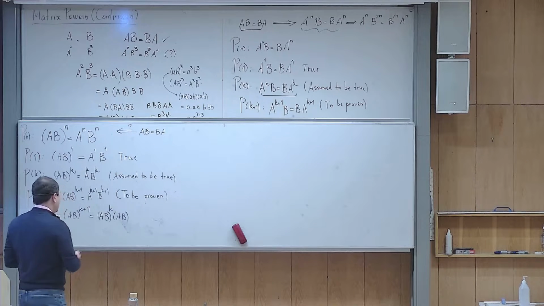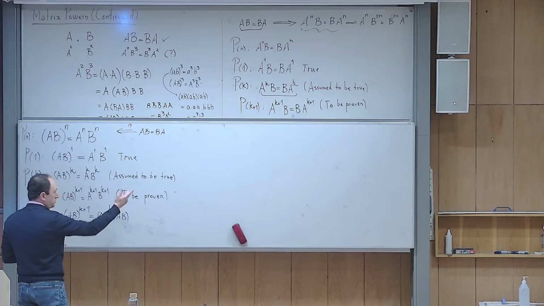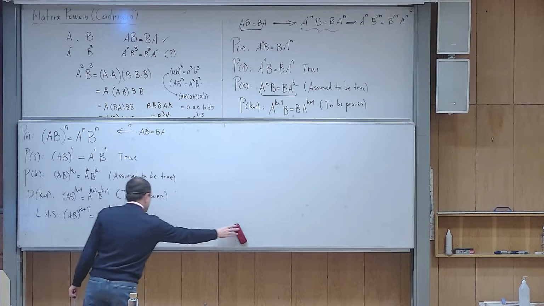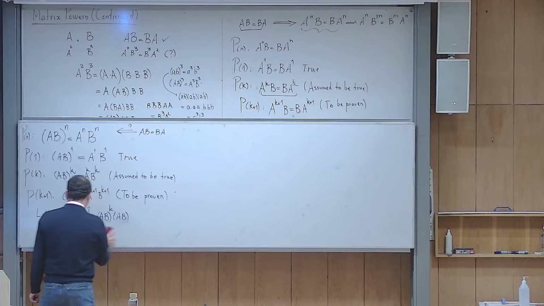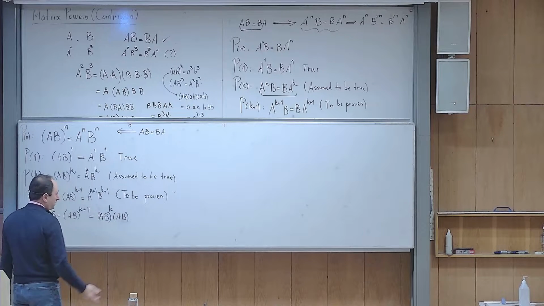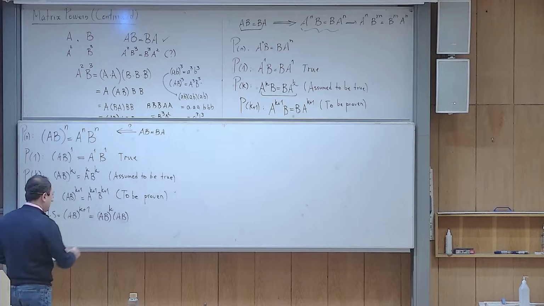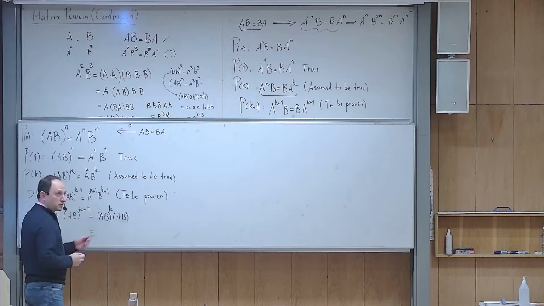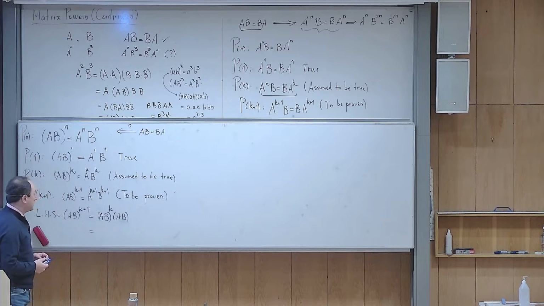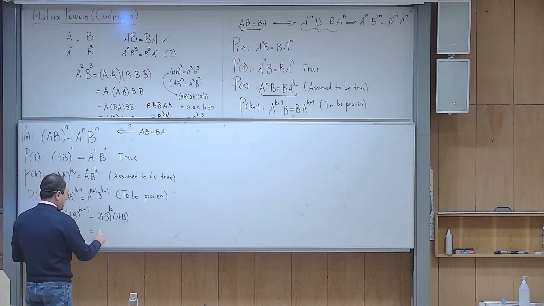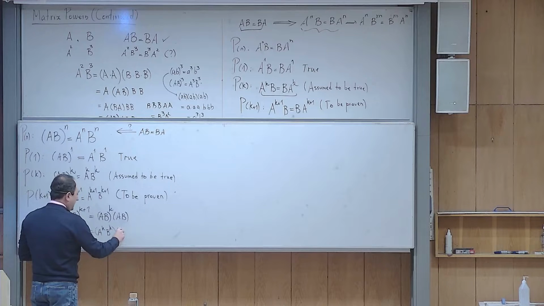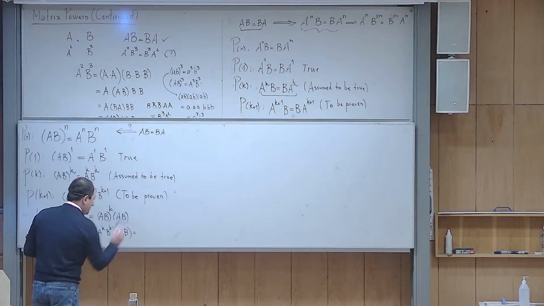In principle, you could write AB times (AB) to the power of k, but let us just stick with this one. If it doesn't work and we realize the other way will work, then we have to cross it out, be patient and go back and do it all over again. So what can I use now for (AB) to the k? This one is assumed to be true, so I can use it. I would say that this is A^k B^k, and then I have AB. Now tell me what to do from here on.